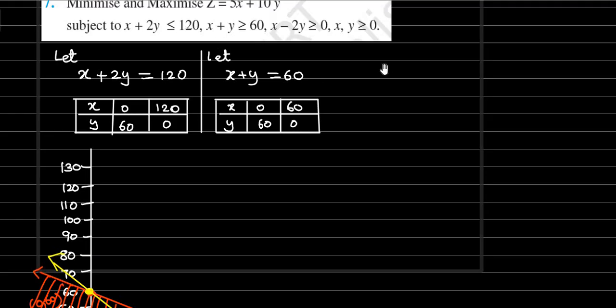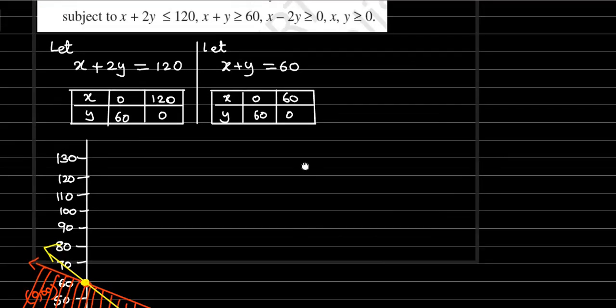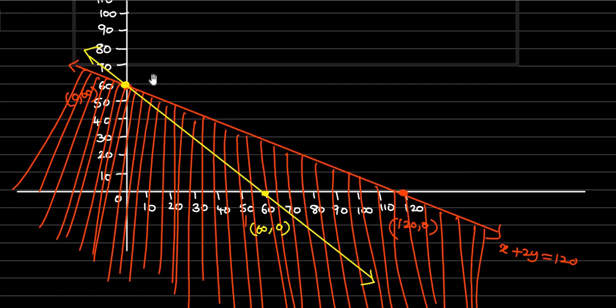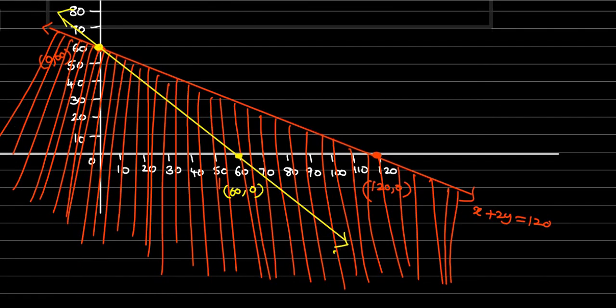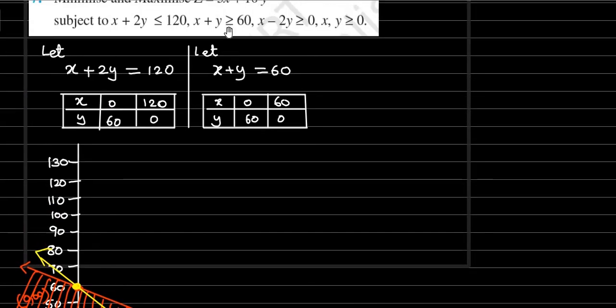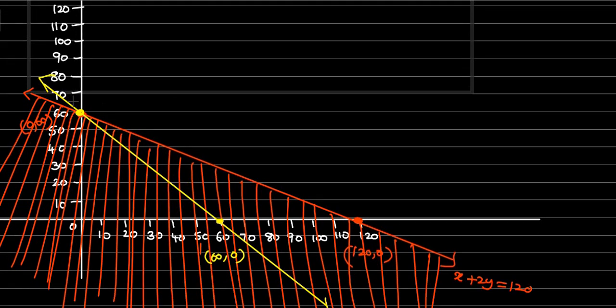If you substitute 0 comma 0, then 0 plus 0 is 0. Is 0 greater than or equal to 60? No, so we don't have a solution space this side. Then obviously we have a solution above this yellow line. This yellow line is x plus y equal to 60, and for the given inequality x plus y greater than or equal to 60, the solution is this side.